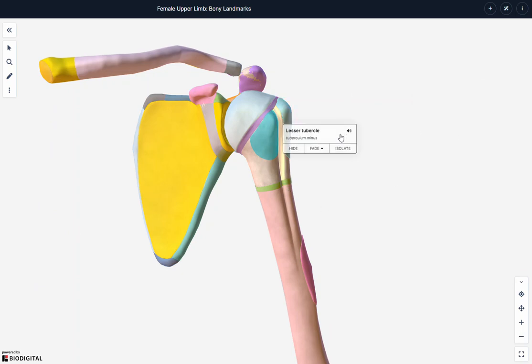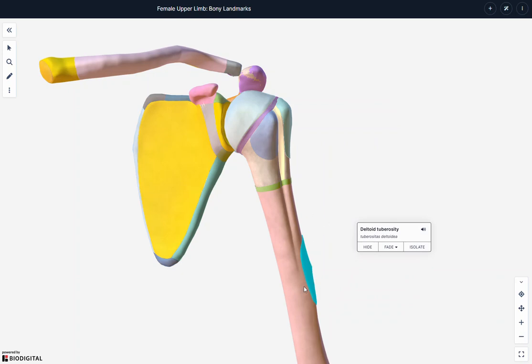Now there's this groove that sits in between the greater tubercle and the lesser tubercle of the humerus. It's called the intertubercular groove, also known as the bicipital groove, because the bicep muscle inserts there. While we're talking about that, we can look at the deltoid tuberosity here, where the deltoid muscle inserts.